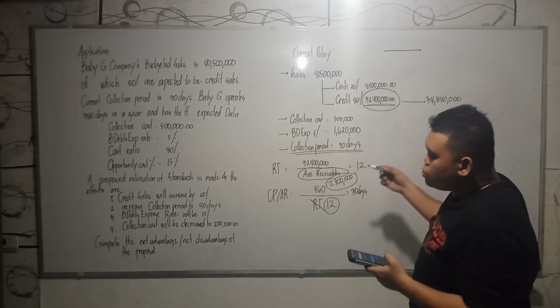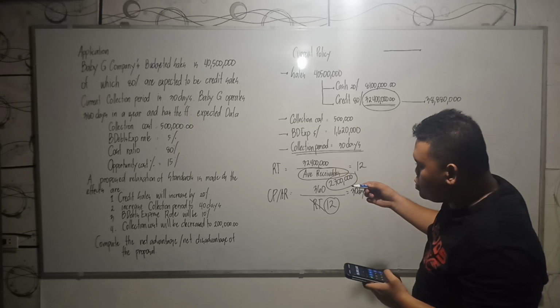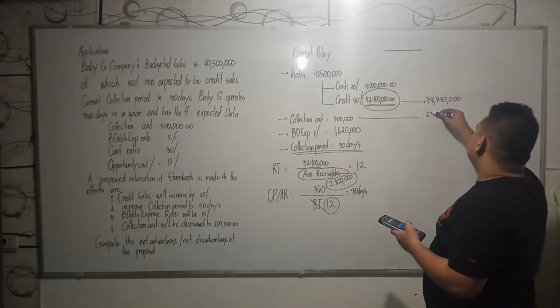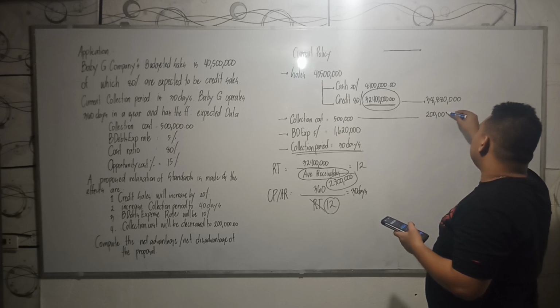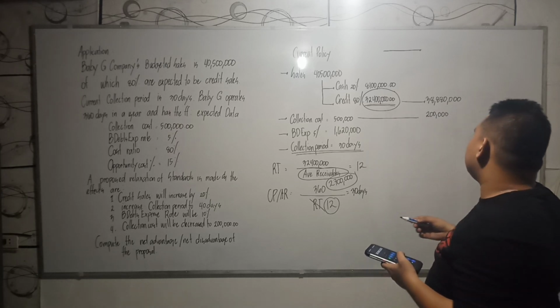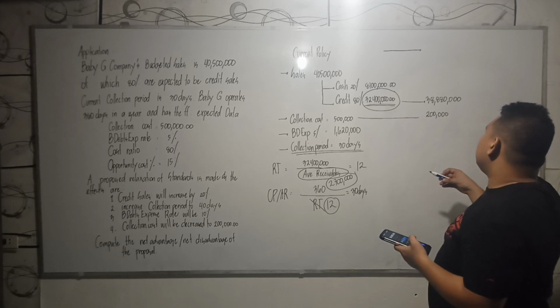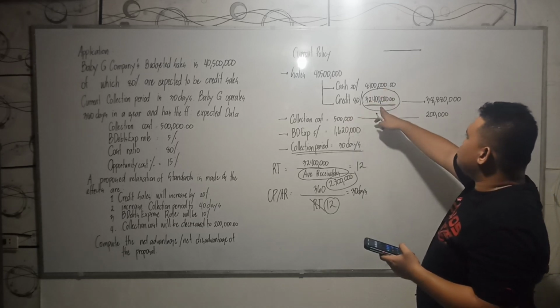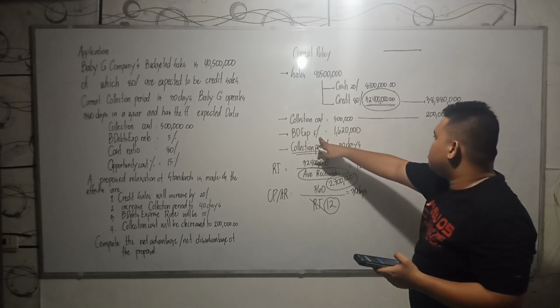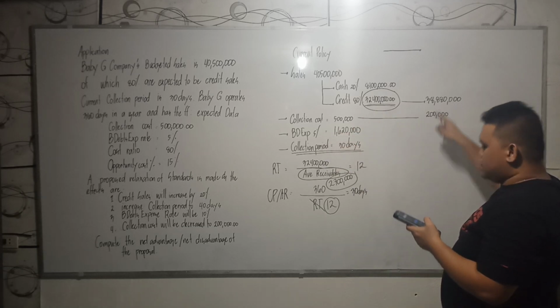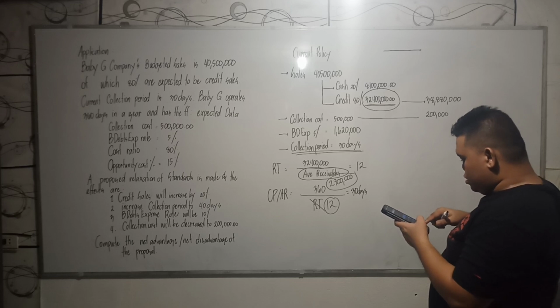And the collection cost, according to the problem, will be reduced to 200,000. And then the bad debts expense will become 10%. A while ago, in the current policy, we have 32,400,000 times 5%, 1,620,000. In here, we have 38,880,000 times 0.10.